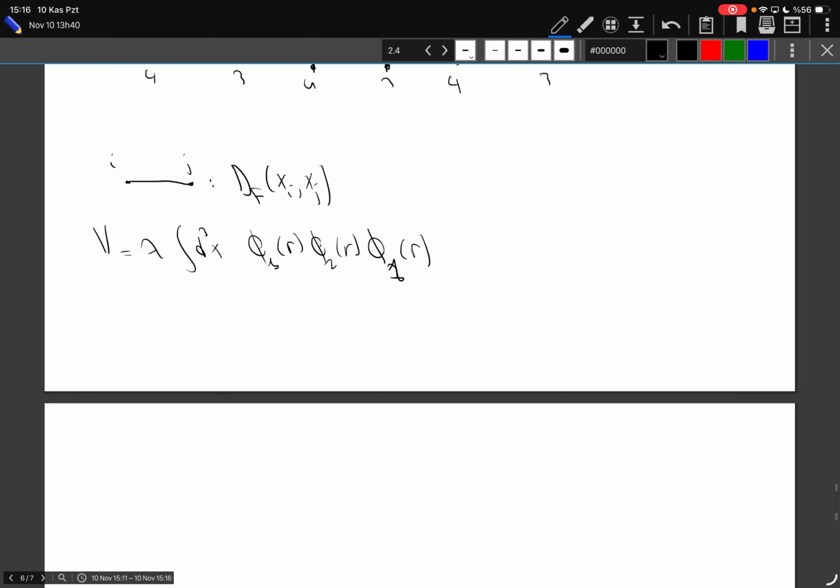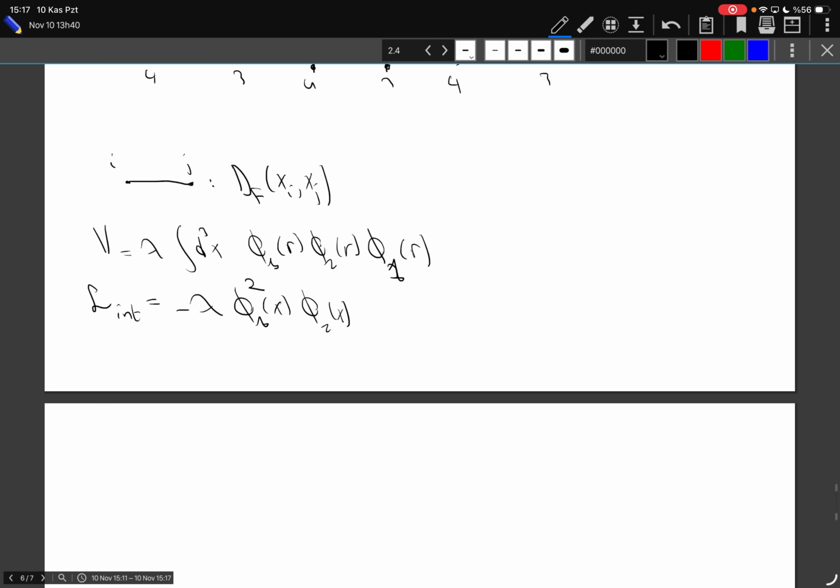This is our potential, or the interaction Lagrangian density is minus lambda phi 1 of x squared, phi 2 of x. This is my interaction Lagrangian.